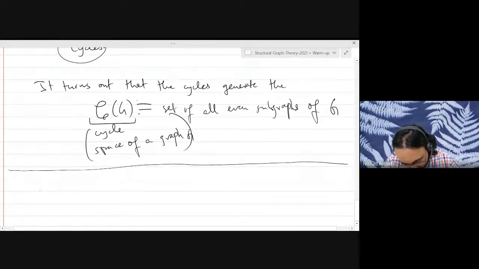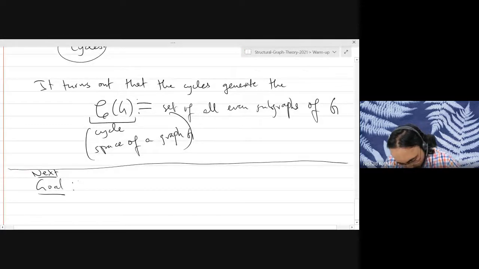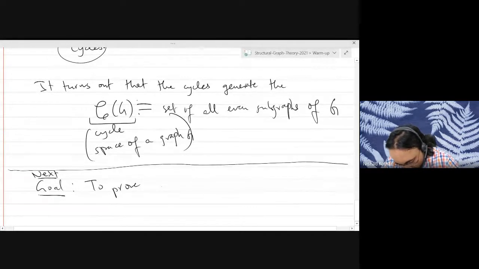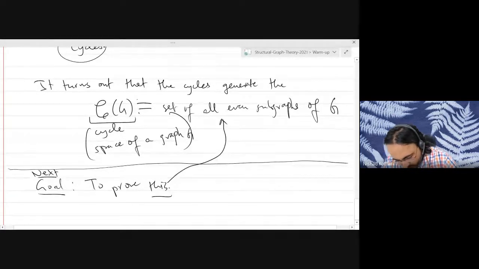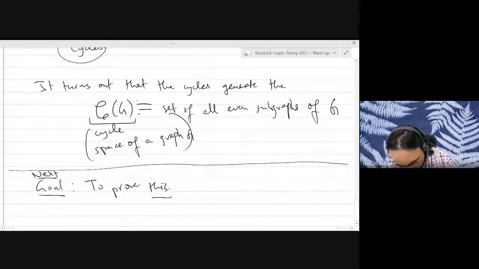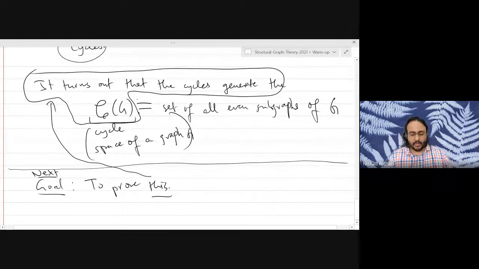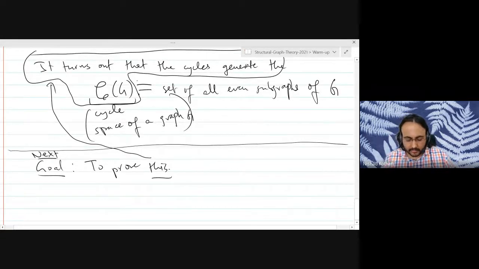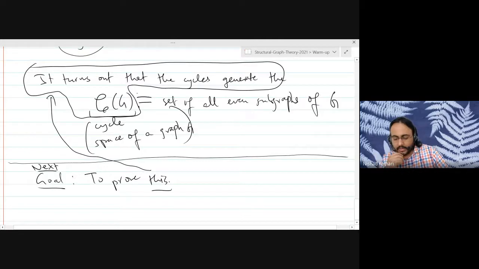Next goal is to prove this. Okay. So this is what we will be doing tomorrow. This is where we will start, not tomorrow, on Wednesday. And then we will be seeing some other interesting things about vector spaces associated with a graph.